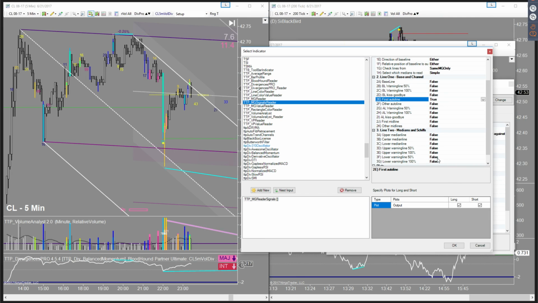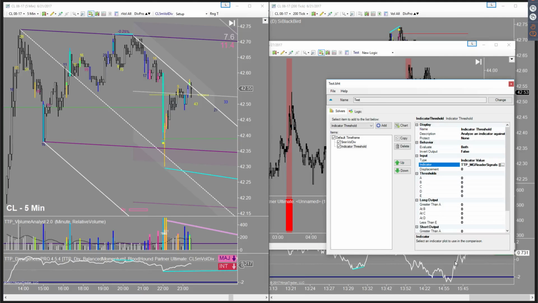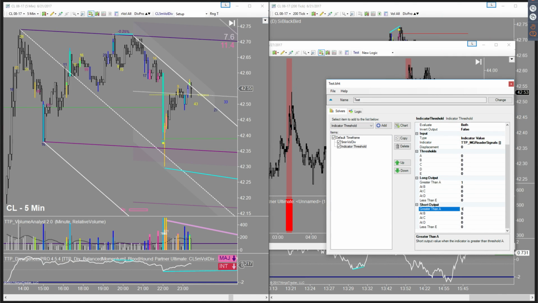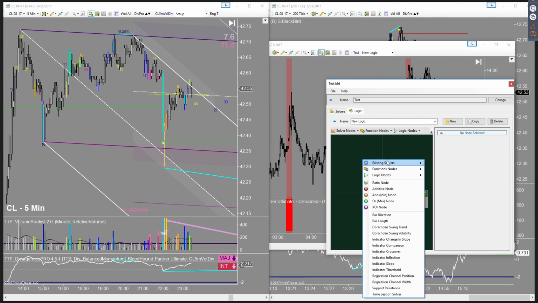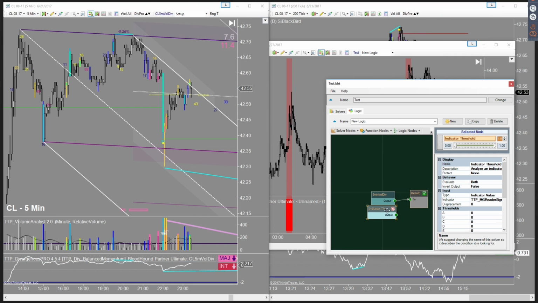I want this one specific pattern. I want the center median line and the channel line. And that is from 5-minute.